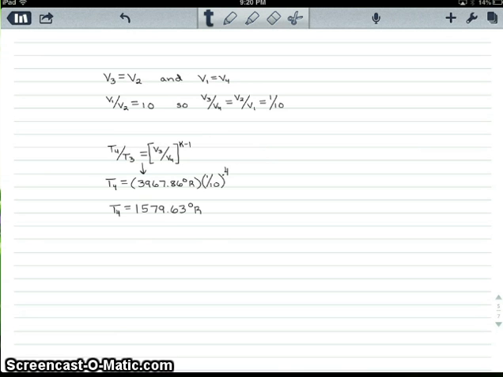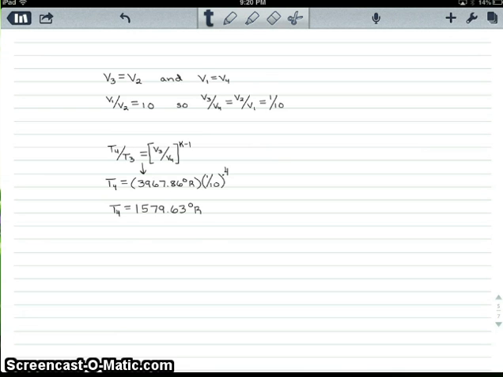Finally, to find T4, we will use equation 9.6 again. Do note from our PV diagram the following comparisons. V3 is equal to V2 and V4 is equal to V1. V1 divided by V2 is equal to 10, while V3 divided by V4 is also equal to V2 divided by V1, which is equal to 1/10. Now, as we plug in our known values, T4 divided by T3 is equal to V3 divided by V4 to the k minus 1.